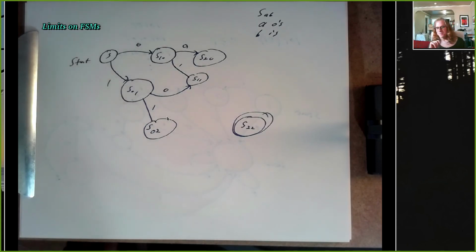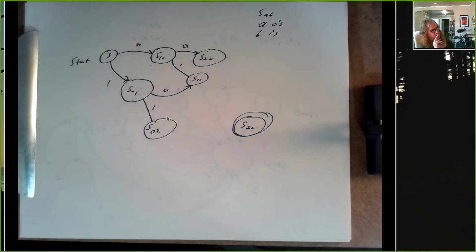So are there limits on finite state machines? Let me ask you this. Could you write a C program to do this? Just have somebody type in ones and zeros one at a time, one per line, and have it tell you whenever you've seen the same number of ones and zeros.